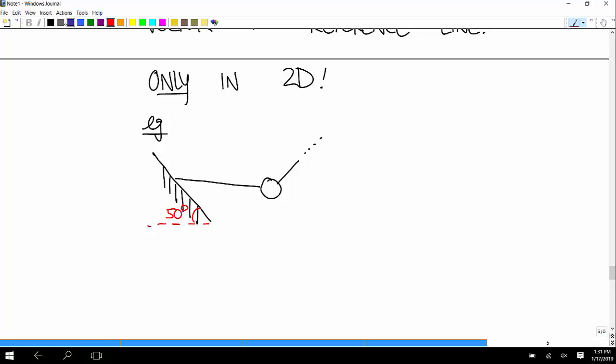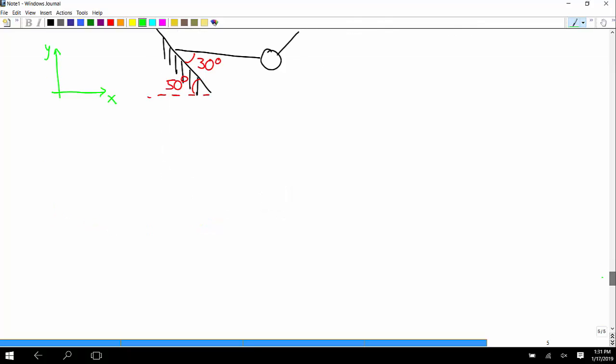And let's say that we know that this angle is, what does that look like, 30 degrees? And let's say we're using a coordinate system like this. Okay, so what we want to know is the orientation of, so let me redraw this coordinate system.